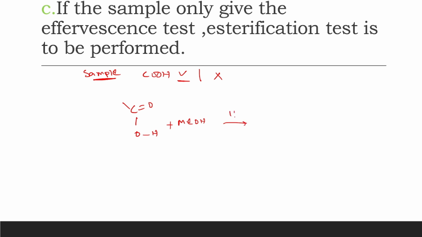In presence of acid, we will get ester. It has a sweet smell. This ester is C double bonded O O Me. Now the esterification test depends on the volatility of the formed ester.